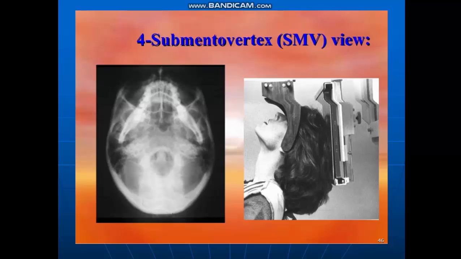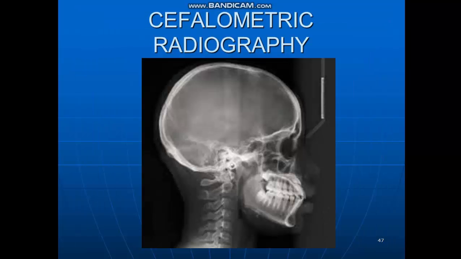Main indications are destructive and expansive lesions affecting the palate and base of skull, investigation of the sphenoidal sinus, assessment of the thickness of the posterior part of the mandible, and fracture of the zygomatic arches. To show these bones, the submental vertex view is taken with reduced exposure factors. This is its advantage.